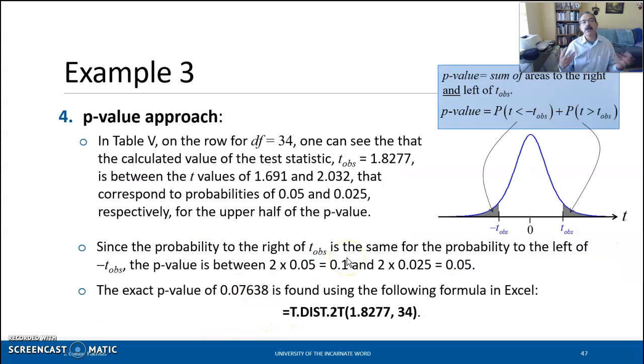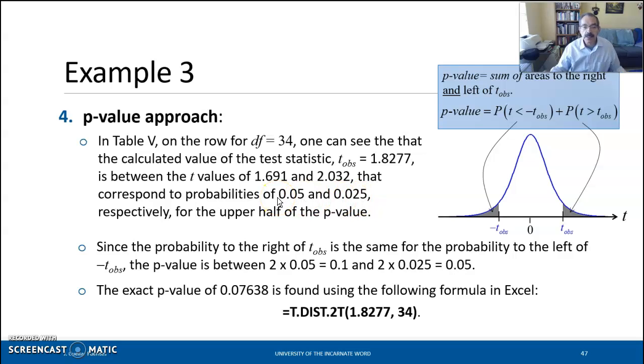All right, if we follow the p-value approach, again, we go on table 5, we look at the row for degrees of freedom of 34, and on that row we look for the calculated value of the test statistic, 1.8277. Of course, in this case, we don't find that value, but we look at the two values that are just below it and above it, and we find that the value below is 1.691 and the value above it is 2.032. And this corresponds to the probabilities of 0.05 and 0.025.